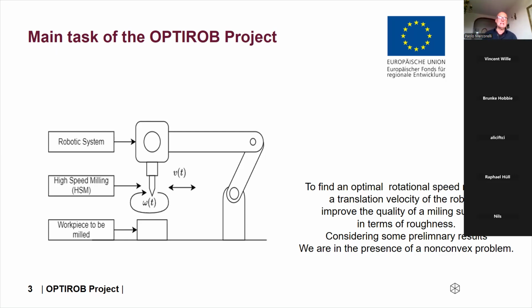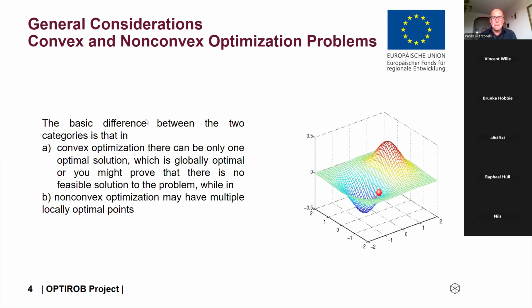The idea is to find omega, the rotational velocity, and v, the translational velocity, in order to obtain the surface with the minimal roughness. The roughness minimum. Very quickly now, a few words about the optimization problem.